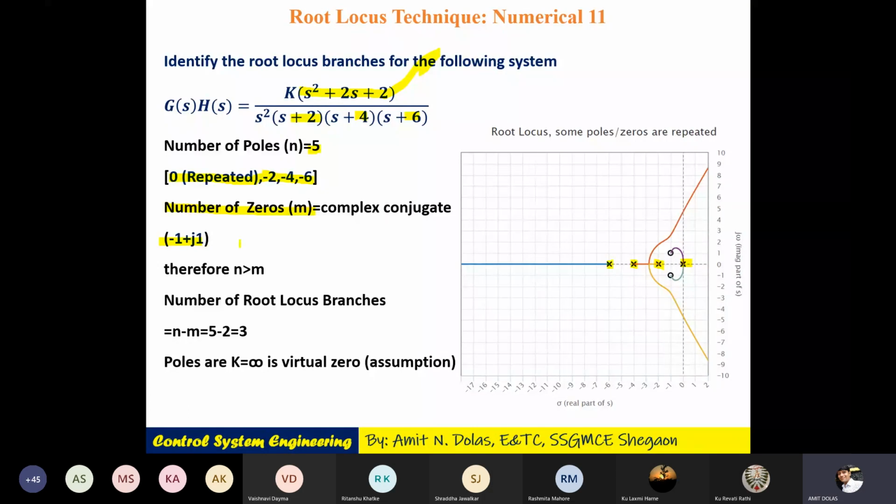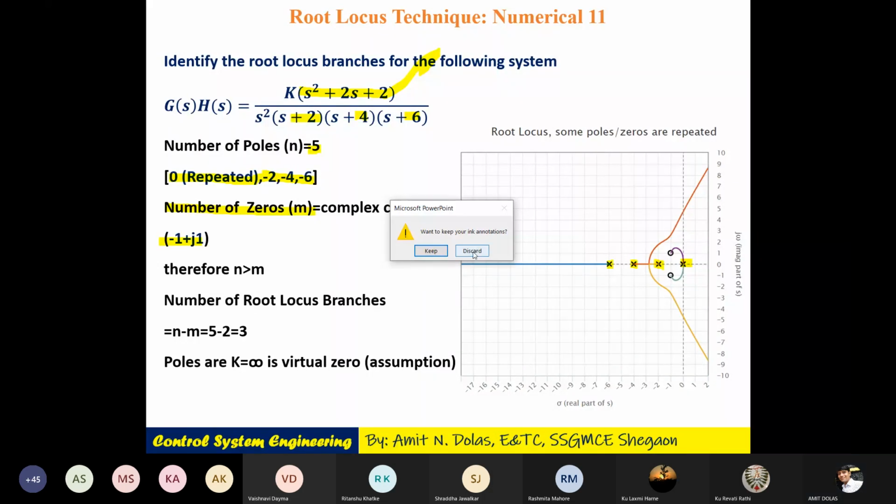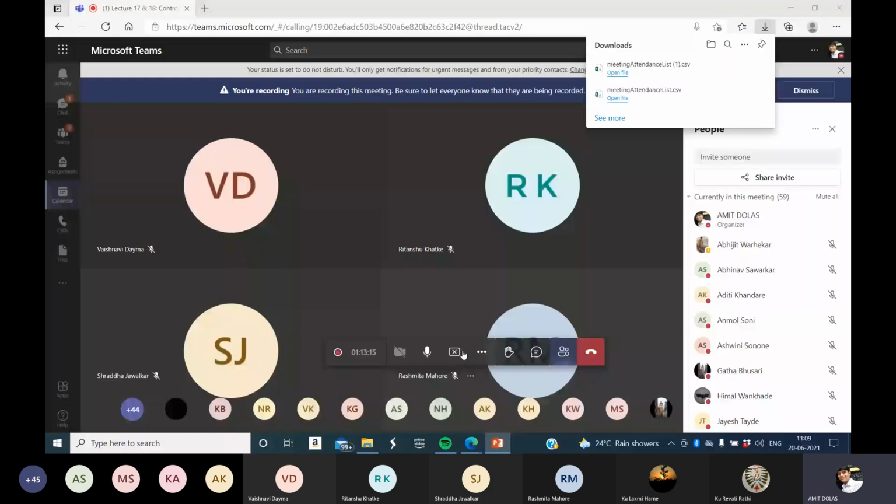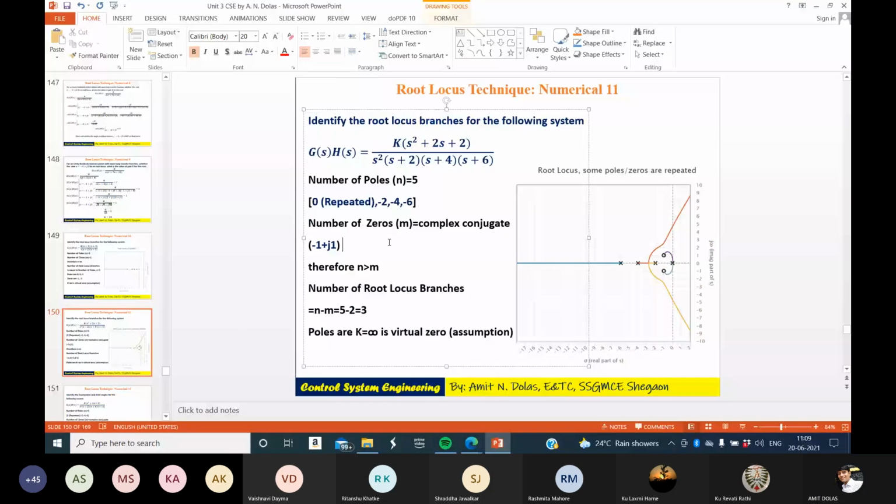On the PPT I forgot to write them. These are the zeros. How many number of zeros? Of course, the number of zeros is 2.